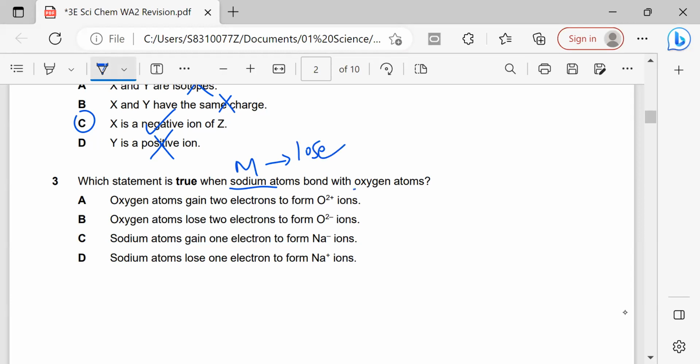On the other hand, oxygen, which is a non-metal, will always gain electrons to form negative ions. So if you look through the 4 statements, you will realize that the only statement that is true will be option B, whereby sodium atoms will lose 1 electron each to form Na+ ions.